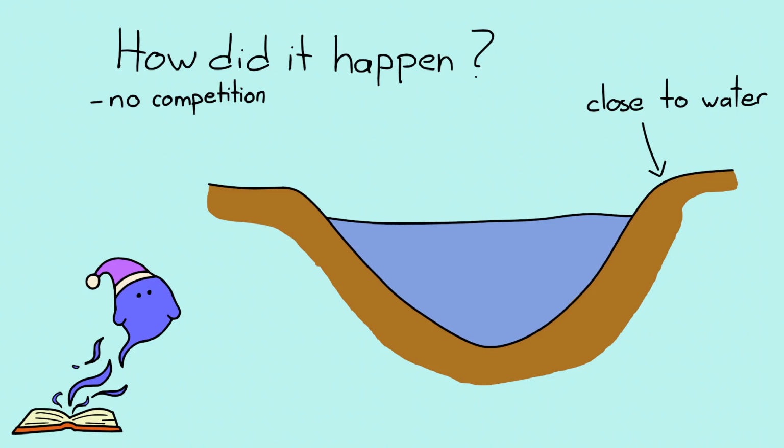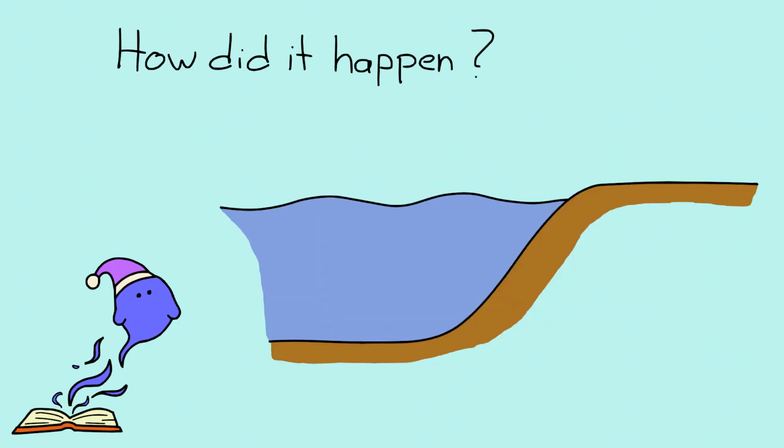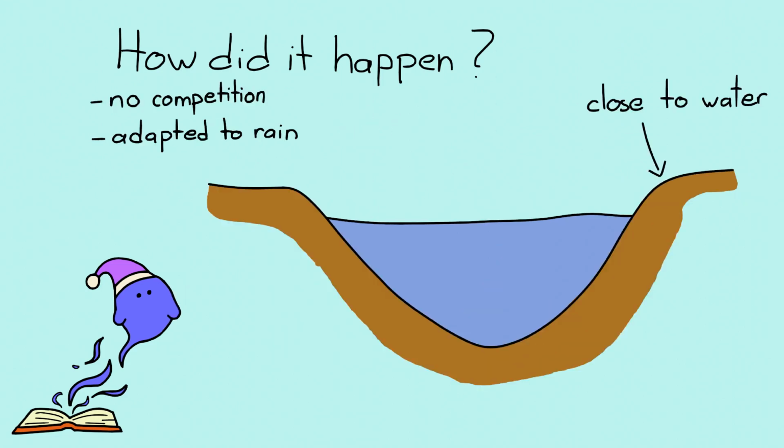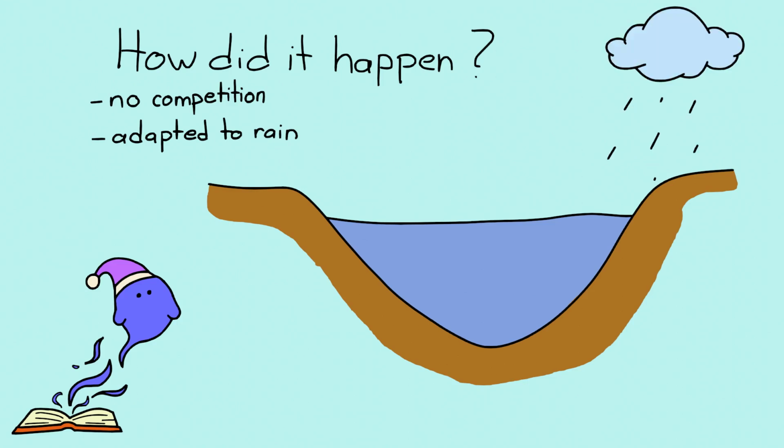An interesting point is that marine algae are also exposed to the surface, but it seems that the jump from water to land was less complicated in organisms that live in freshwater environments, because it is harder to transition from water to land from the conditions of salinity, temperature, exposure to sunlight, and other things that are proper of marine environments. In this way, streptophytes were already adapted to using rainwater to survive on the surface, while marine organisms wouldn't have been able to do it.